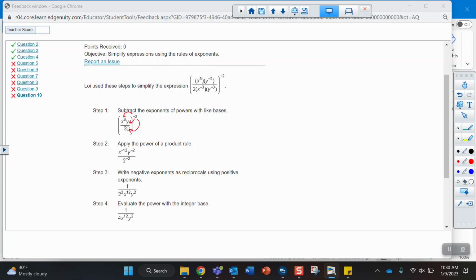So that's where you send things from the numerator to the denominator and from the denominator back to the numerator, and that's the error. Everything here should switch. Both of those should go to the bottom, and this one should go to the top, and you can see it did not go to the top. It got left in the bottom, so step 3 is where the error is.